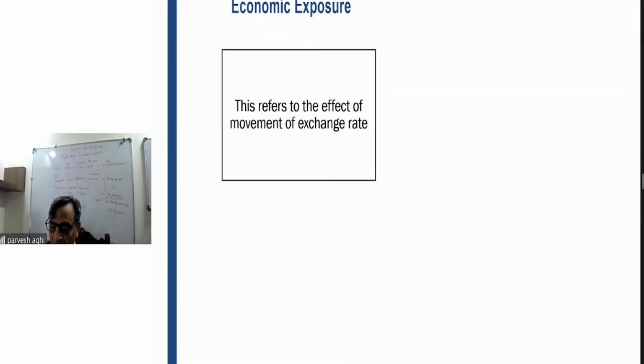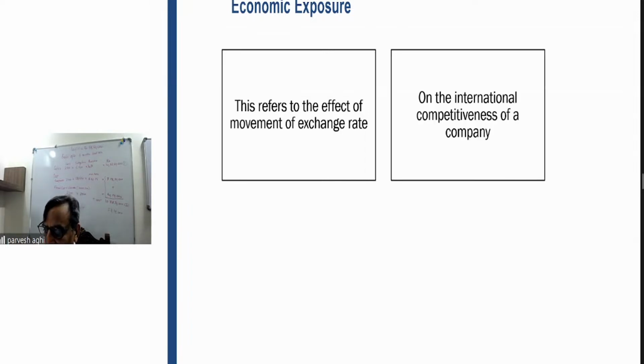Now, finally, we have the economic exposure. This refers to the effect of movement of exchange rates on the international competitiveness of the company. Now, there are multinational companies, and there are Indian companies who are also trading abroad and doing business abroad, so it is going to have an impact on their international competitiveness.